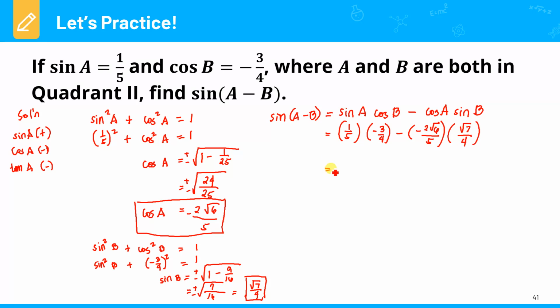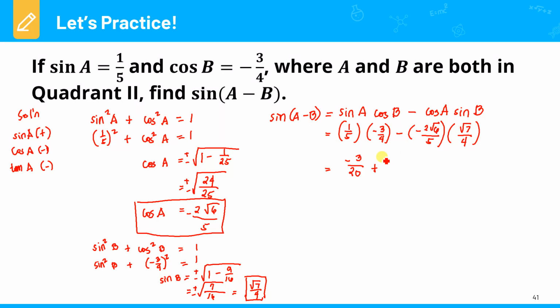So here you have negative 3 over 20. Negative times negative is positive. 6 times 7 is 42.